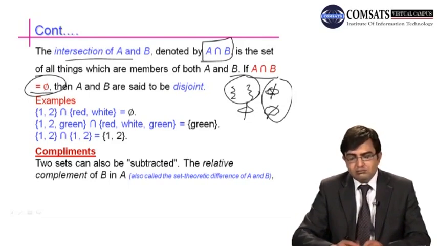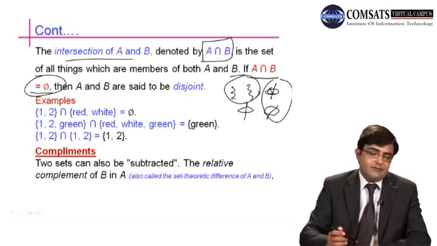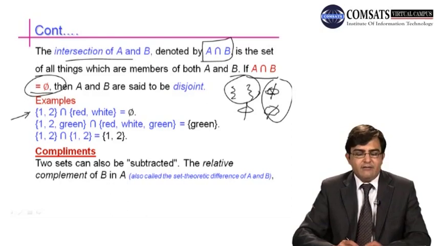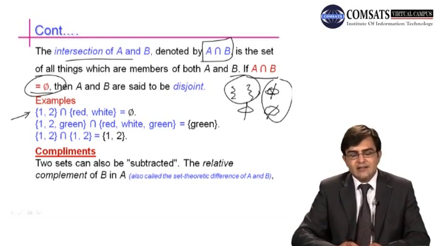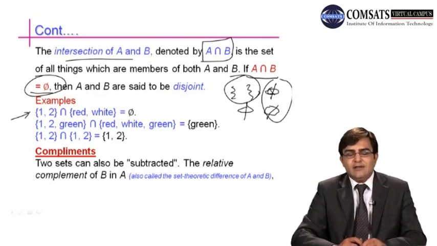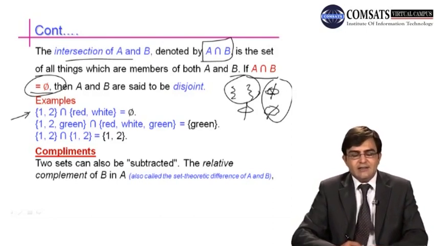For example, if we see this example, we have one set {1, 2} and the other set is {red, white}. The intersection of these two sets has no common elements. As these two sets have no common elements, we say that the intersection of these two sets is an empty set.